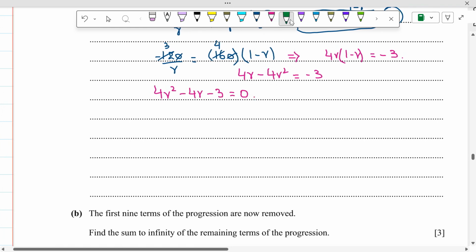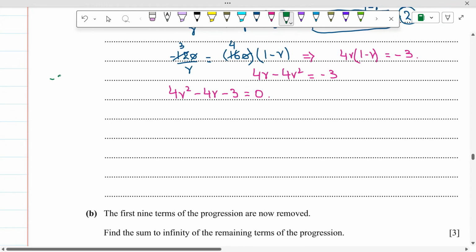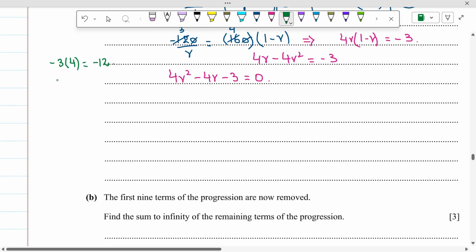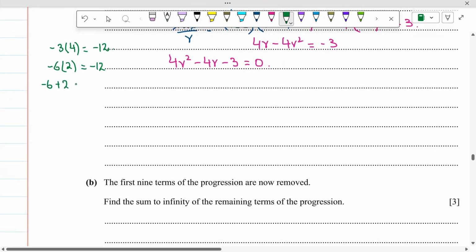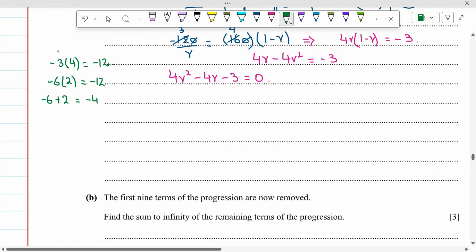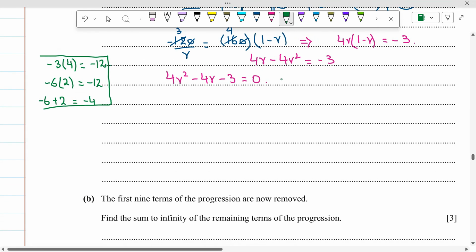This is a quadratic equation, and it can be solved by factorization. For example, negative 3 times 4 is equal to negative 12, and negative 6 times 2 is also equal to negative 12, and when we add negative 6 and 2, we get negative 4. We can use these calculations to factorize this quadratic equation.